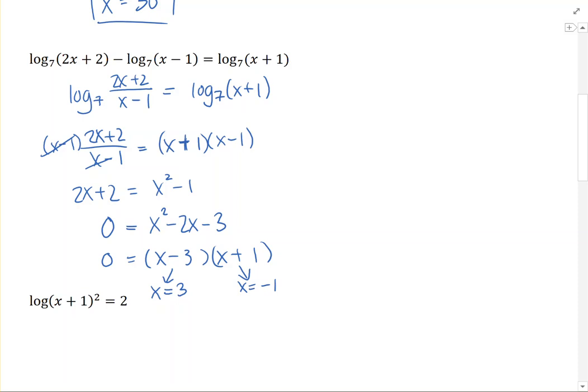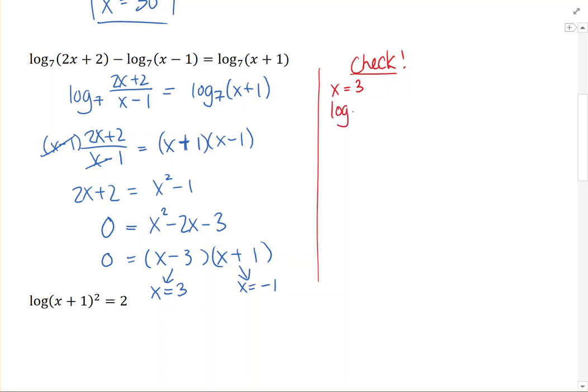Now, for these particular equations, we have to do something that we sometimes do with other equations, which is that it is important to check. So we have our two answers, let's take a look. For 3, take the number you get and plug it back into the original.